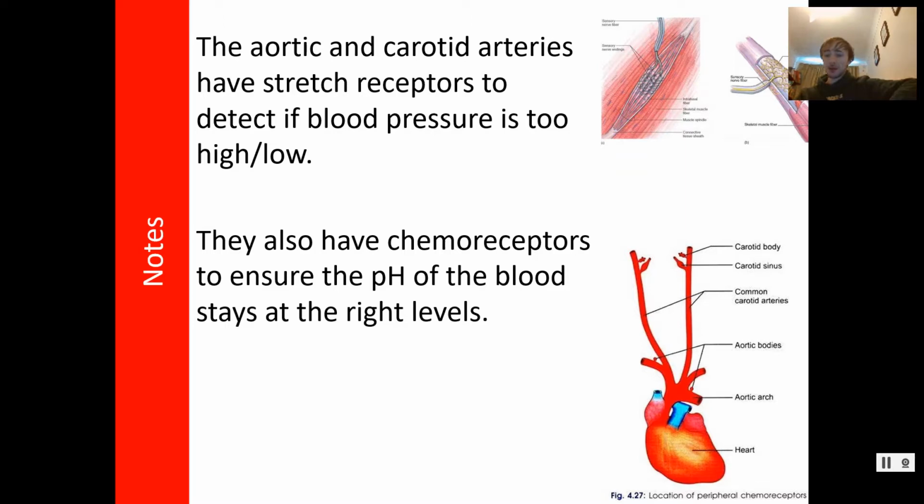And they also have chemoreceptors to ensure the pH is the right level. That's basically determining whether there is the right amount of carbon dioxide in the blood. The more carbon dioxide there is, the more acidic the blood will become. So fine. Let's move on.